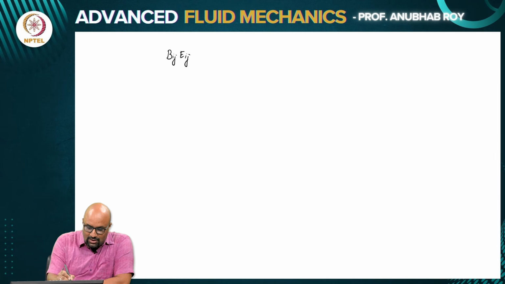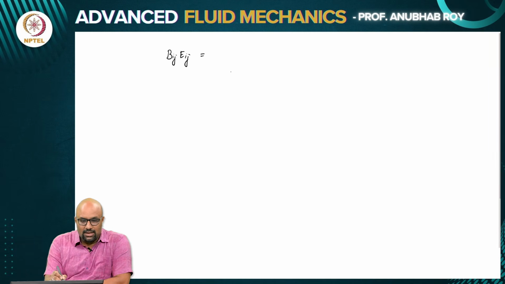If B was symmetric and E was antisymmetric, if I am trying to compute the term Bij Eij, since B is symmetric, I can write this as Bji. There is no distinction between Bij and Bji, they are one and the same. But Eij is not the same as Eji, it picks a minus sign. So, it is minus Eji.